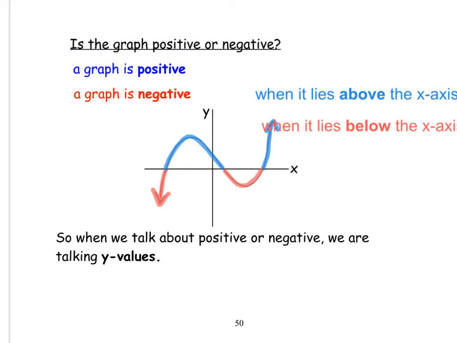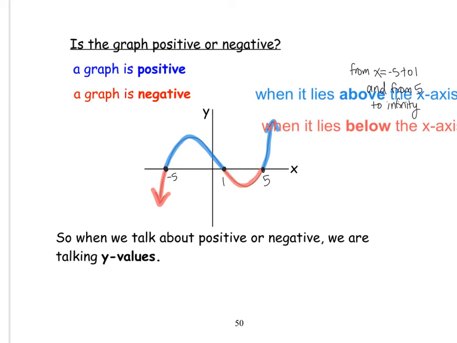So when we do talk about when it's positive, we want to be specific. So if I say that this x value is -5, this x value is 1, and this x value is 5, we would say that the graph is positive from an x value of -5 to 1, and from 5 to infinity.